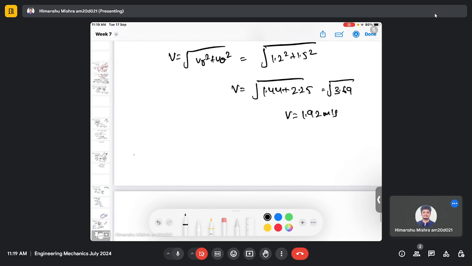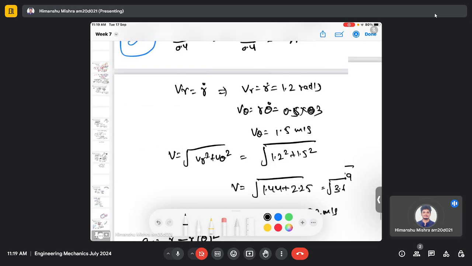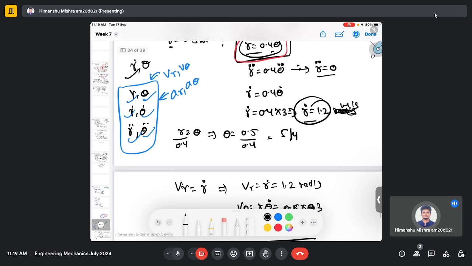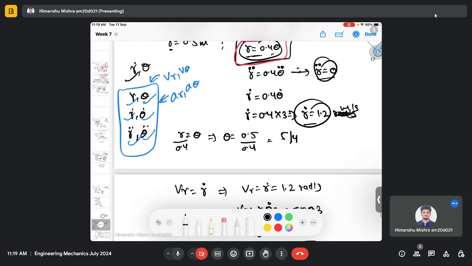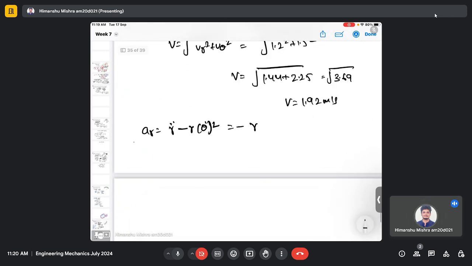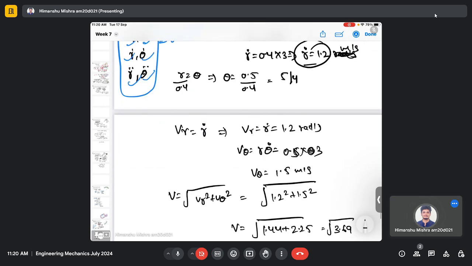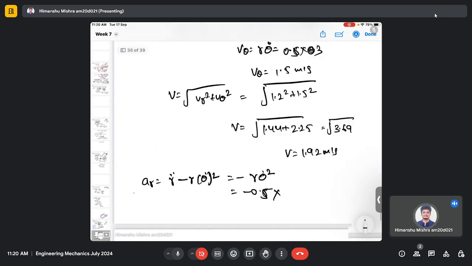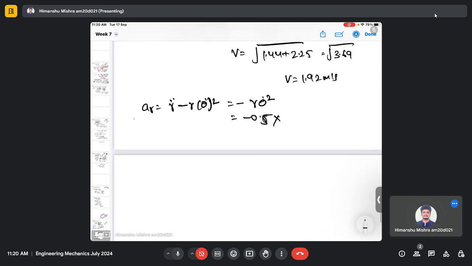The radial acceleration is r double dot minus r theta dot square, and we know that theta double dot and r double dot were 0. So it is reduced to r theta dot square. My r is 0.5 and theta dot is 3, which is 9, so it is minus 4.5 meter per second square.